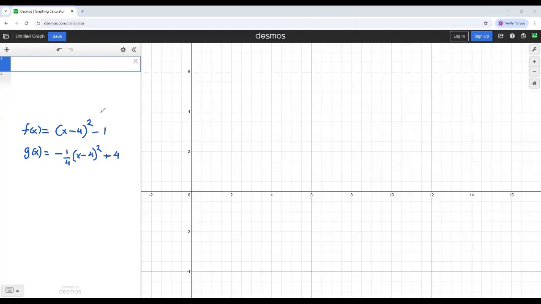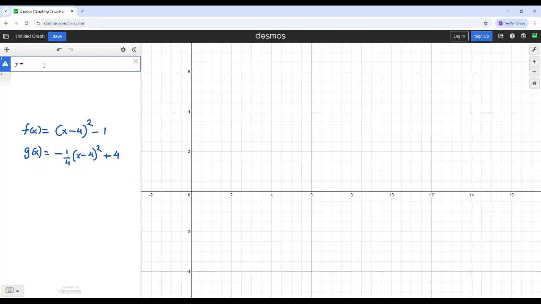Here we have a Desmos graphing calculator. Now we have to sketch the graphs of the two functions f(x) and g(x). When I give these functions as input, I have to replace f(x) and g(x) by y, because whenever a function is defined by f(x) or g(x), it represents a y-coordinate in the xy plane. Let me give the first function as input, replacing f(x) by y.